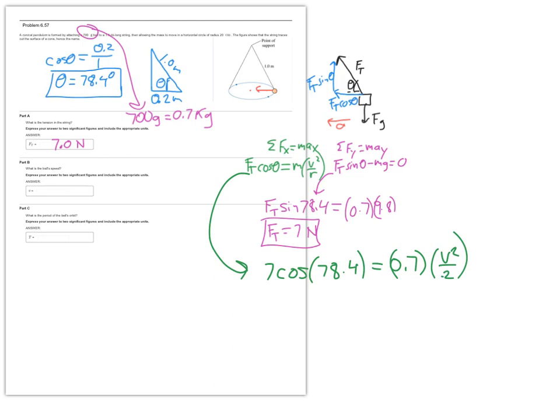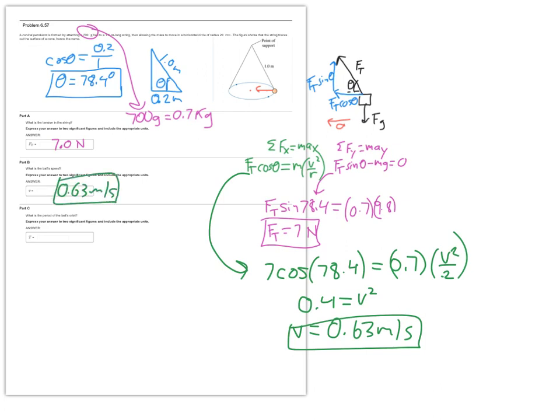Then we can solve for that velocity. I take that left side, divide by 0.7 and multiply by 0.2, and I end up getting 0.4 equals v squared. When I take the square root of both sides, I get that my velocity is 0.63 meters per second. So there's my answer to part B.